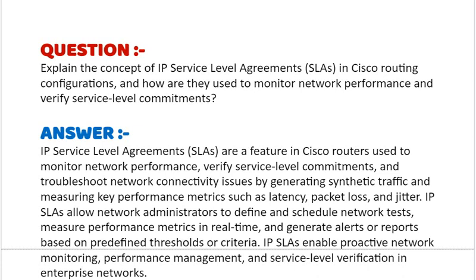Your answer should be: IP Service Level Agreements (SLAs) are a feature in Cisco routers used to monitor network performance, verify service level commitments, and troubleshoot network connectivity issues by generating synthetic traffic and measuring key performance metrics such as latency, packet loss, and jitter.